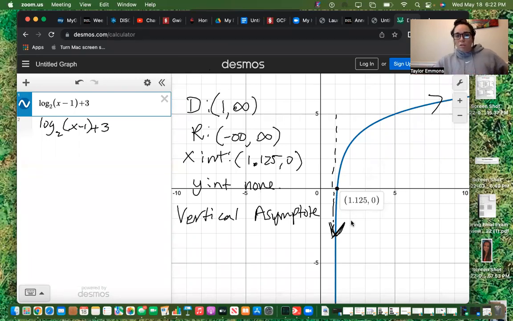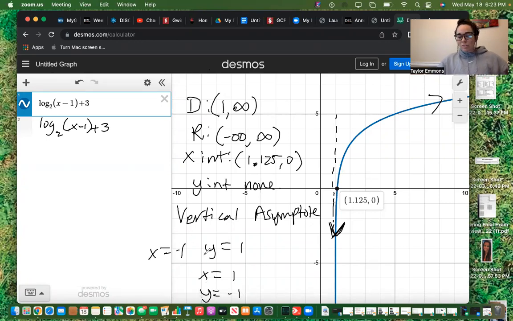With the vertical asymptote, it's where the graph approaches but never touches. They're going to try to trip you up with this one because they're going to have answer choices like y equals 1, x equals 1, y equals -1, x equals -1.